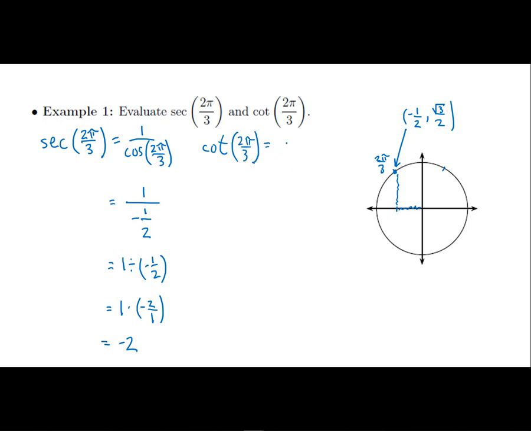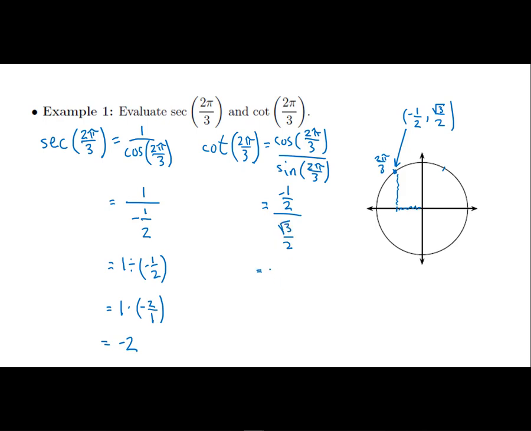So we define that as the cosine of 2 pi over 3 divided by the sine of 2 pi over 3. So that's just going to be the quotient of those two values there, where I put negative 1/2 on top and square root of 3 over 2 on bottom.